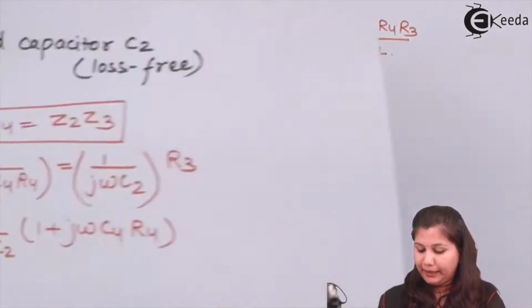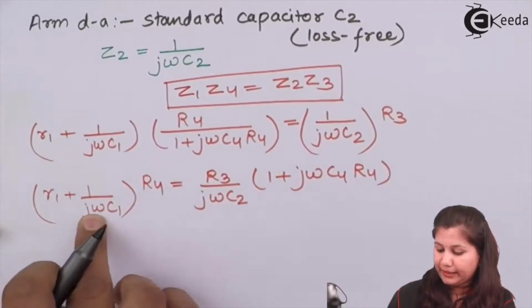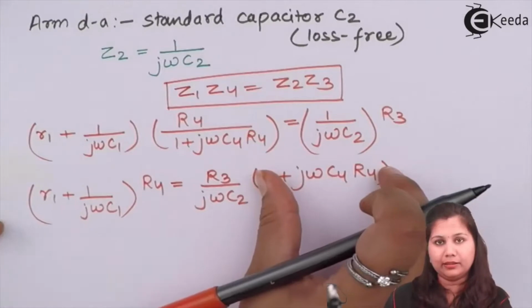We have multiplied this R4 inside the bracket and this term inside the bracket.